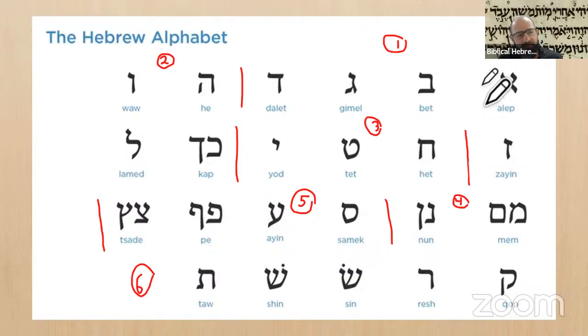Aleph: today we're going to learn about it. Bet: we're going to learn how to write it. Gimel: we're going to learn the meaning of each word. And Dalet: I just want you to hear the sounds because they are like boxy print letters.